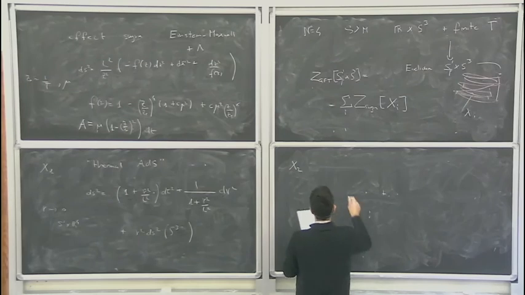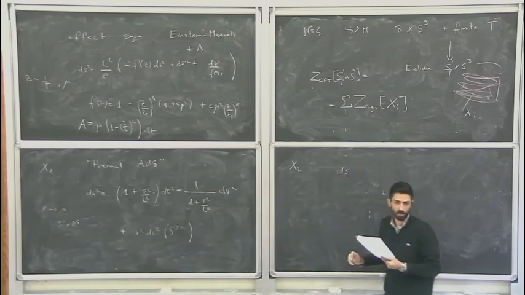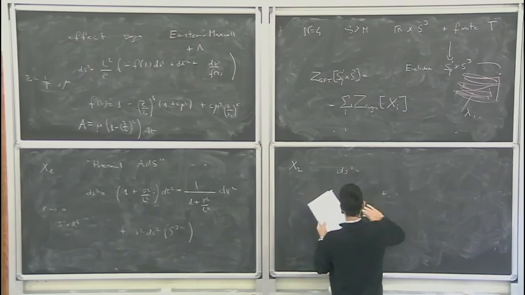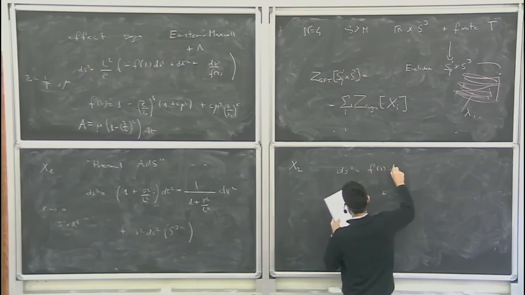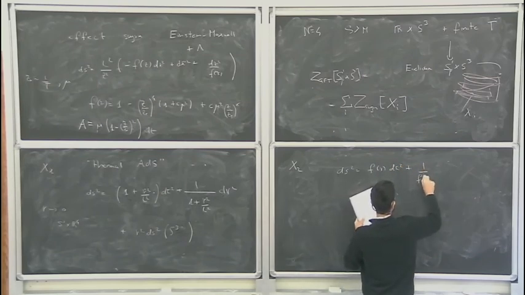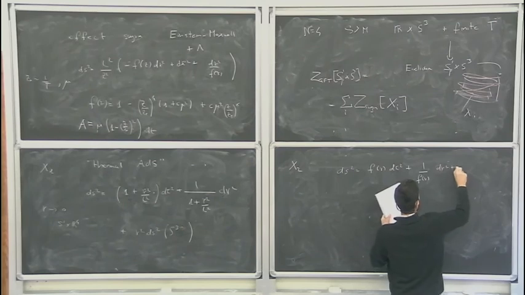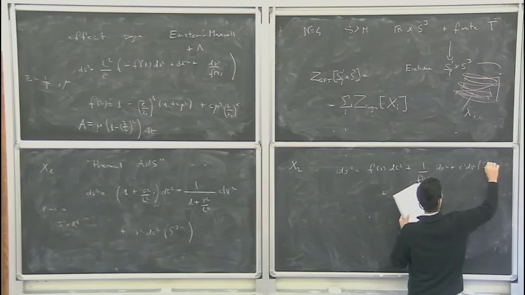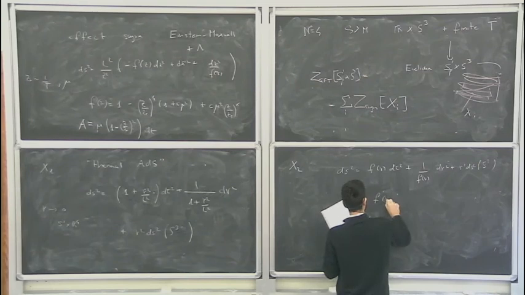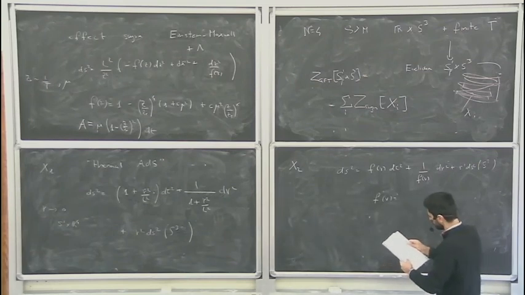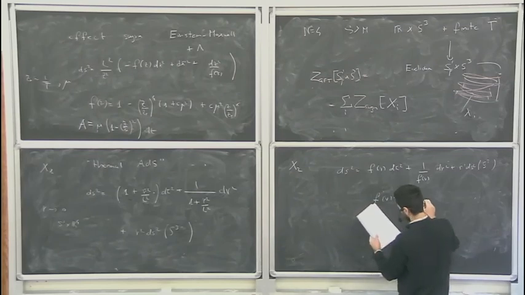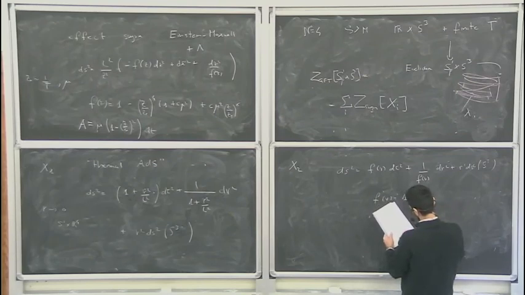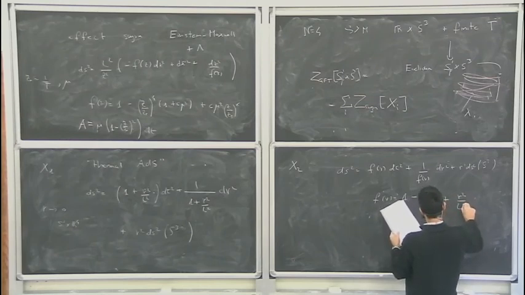The other solution is called Schwarzschild ADS black hole, and in similar coordinates, it takes the form f of r d tau squared plus 1 over f of r dr squared plus r squared ds squared of S3, where f of r is one of these polynomial functions of r, and it's 1, not surprisingly, minus some mu parameter over r to the d minus 2, and then plus r squared over L squared.